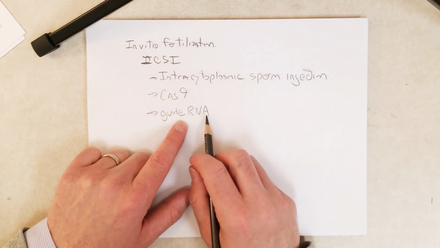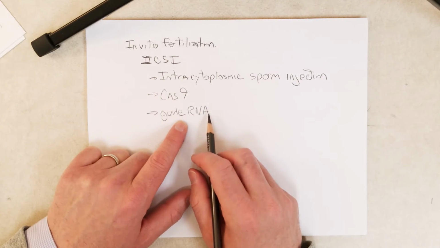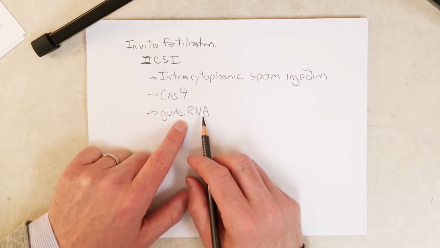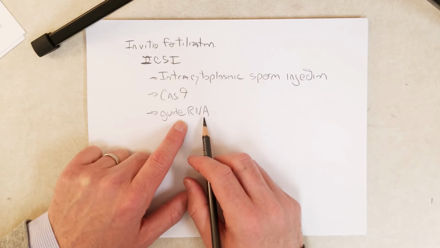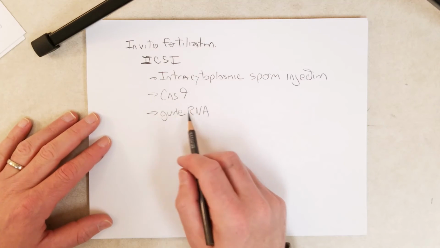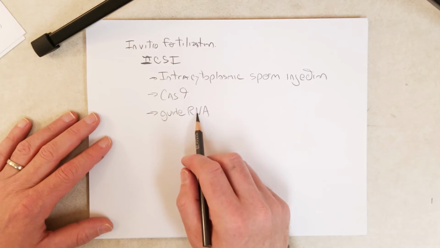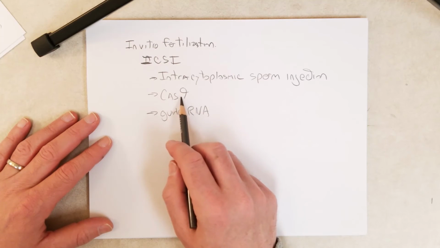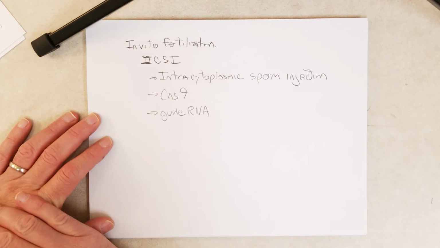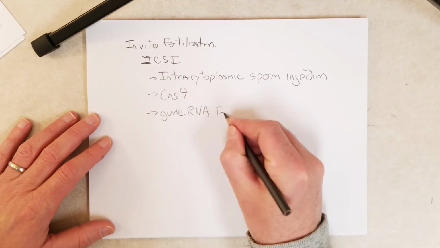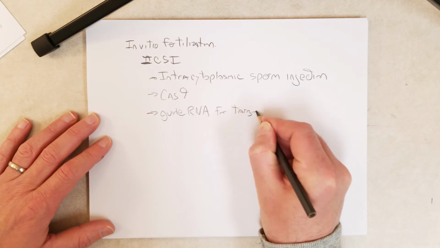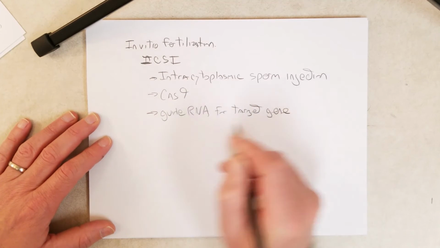Let's say the goal was to mutate a specific gene because you think there's a gene inside humans which is not good. We need to mutate it. So that guide RNA would be specific for guiding Cas9 to that gene that should be mutated. So the guide RNA for a target gene. And this is how one would do it.